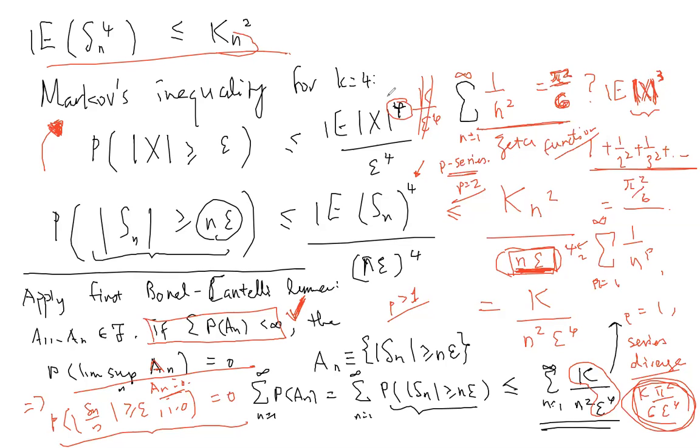So I choose 4 so that the absolute sign is basically not important. So that's the idea. Maybe it's clearer now. Once you have this bound, you have to connect it to the Borel-Cantelli lemma, where the essential connection is this part here.